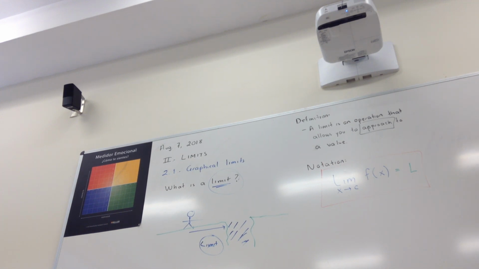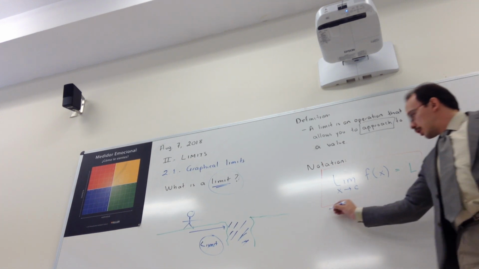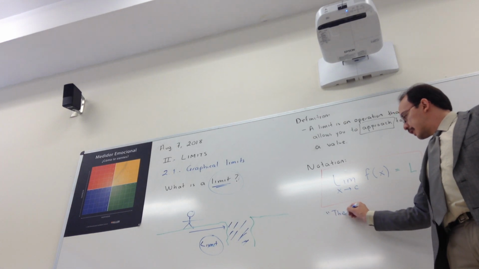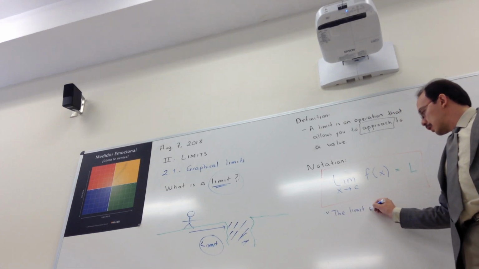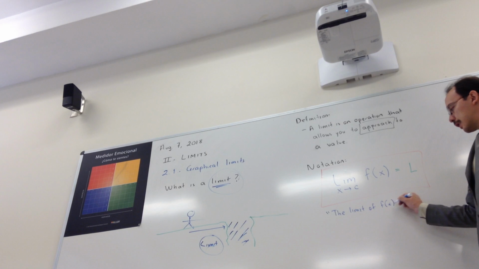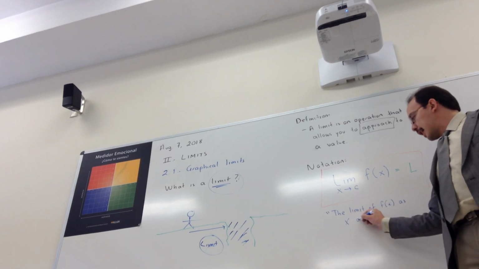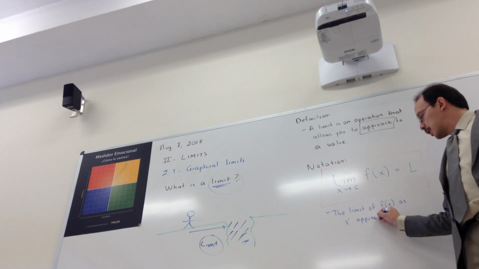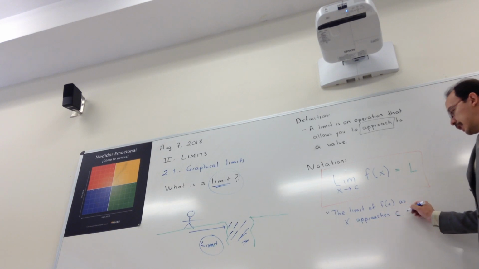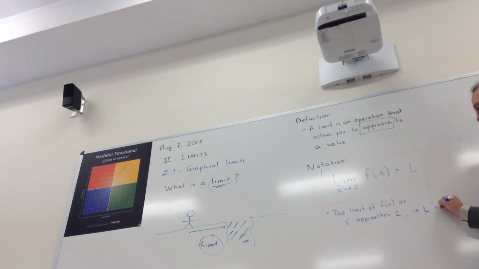Okay? How do you read this? As this. The limit of f of x as x approaches c. Okay? That's the way to write it.